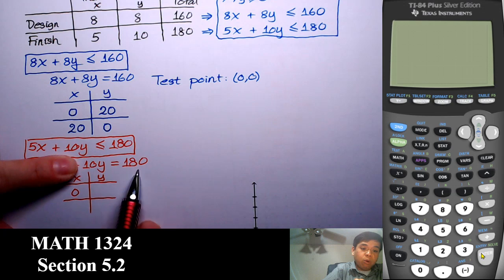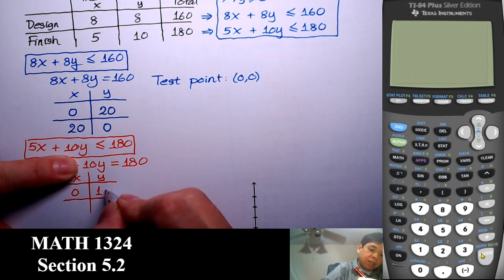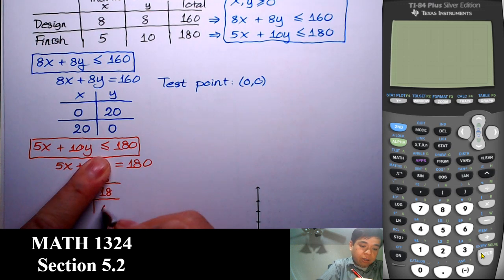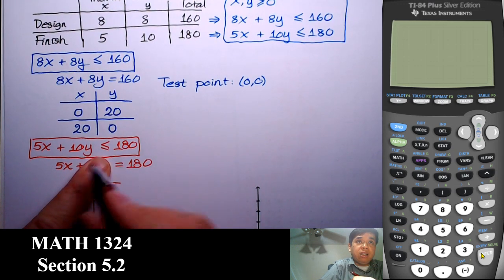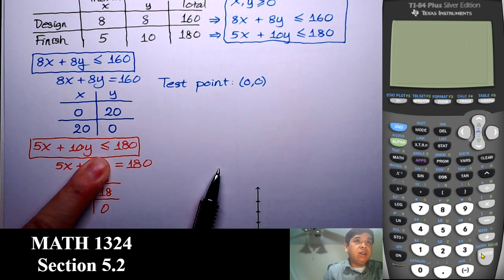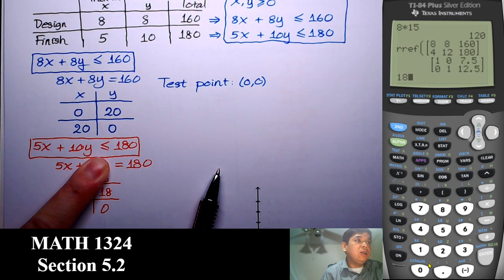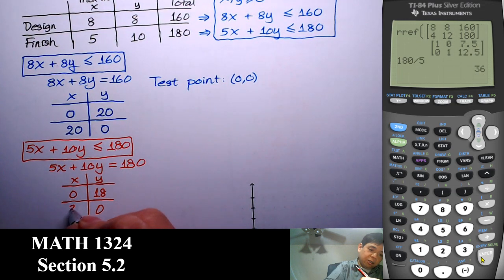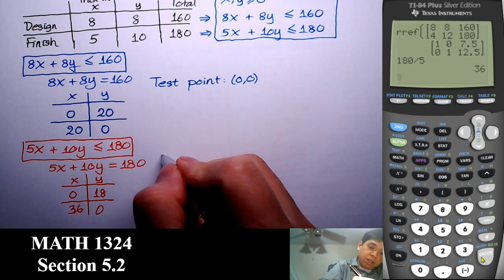Divide by 10 on both sides, we have 18. Now, when y equals 0, 5x equals 180. Divide by 5 on both sides, we get 36. Right. And then we can choose the test point.